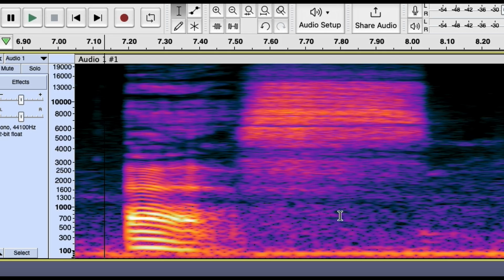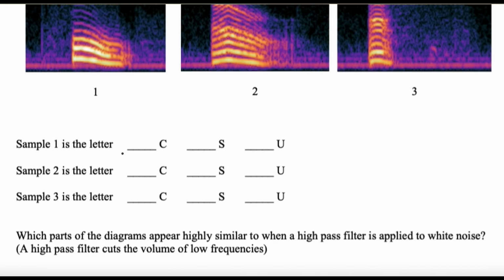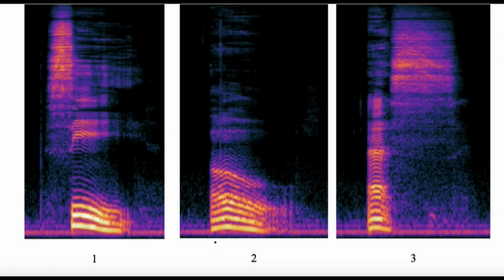Lows are missing, except for the rumble of the HVAC in the room. And here's just a normal eh sound. So, okay, that's that. Sample 1 was letter C. Sample 2 is letter U. And sample 3 is the letter S.